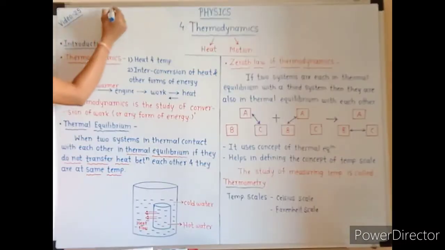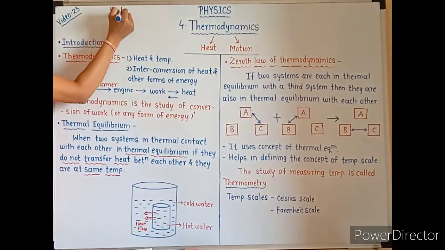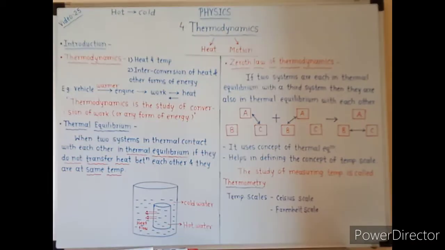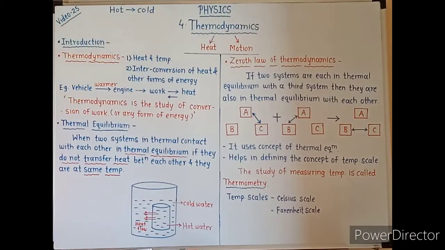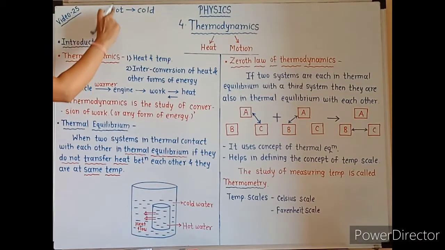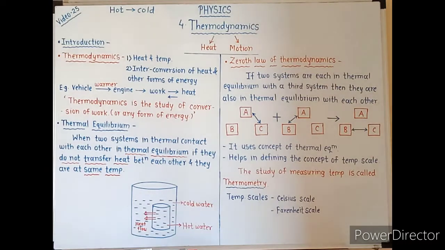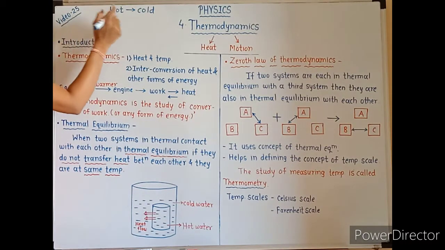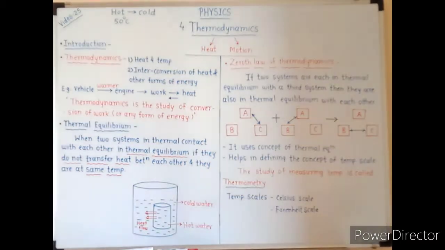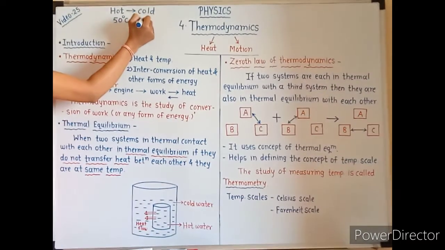First example is when a hot object is in contact with a cold object, then after some time both the objects reach the same temperature. Now consider the temperature of the hot object is 50 degrees Celsius and the temperature of the cold object is 5 degrees Celsius.